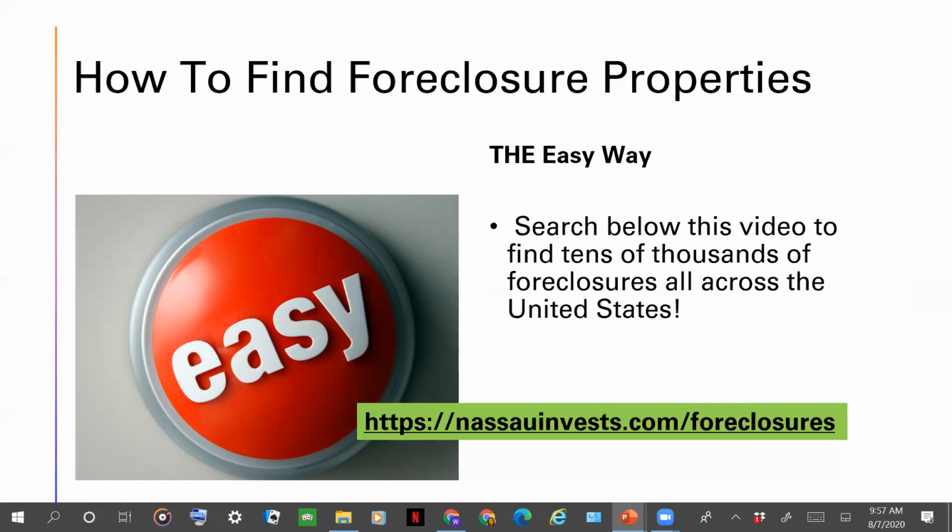You can search for pre-foreclosures that can be potential short sales. You can search for sale by owners, sheriff sale auction properties, and bank-owned properties. It's all in one place. This is in partnership with foreclosure.com.